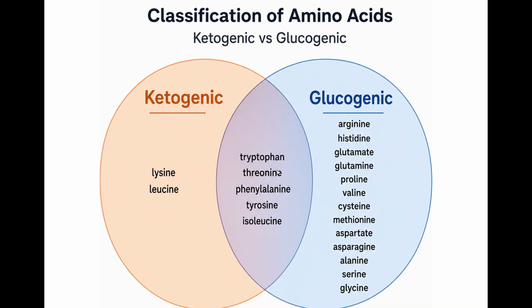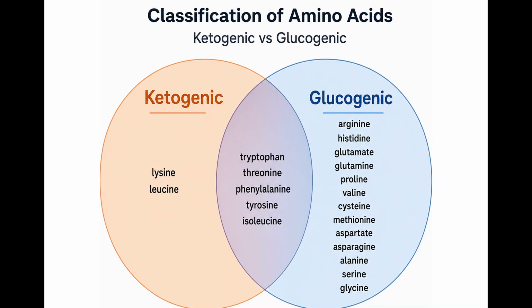In addition to the aromatic, what do we have? We have isoleucine, which is a branched chain amino acid, and another T, which is threonine. So in addition to phenylalanine, another aromatic, and isoleucine, one of the branched chain amino acids, these are both gluco- and ketogenic, and the rest are glucogenic.